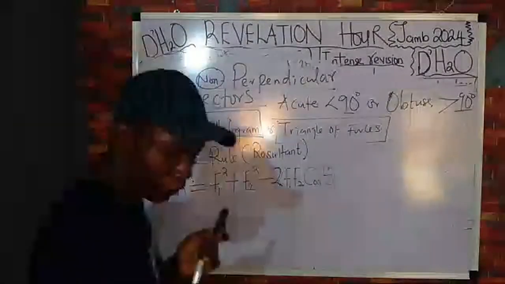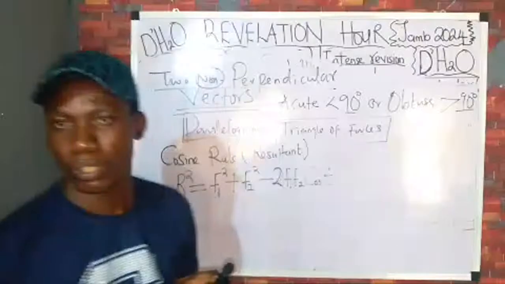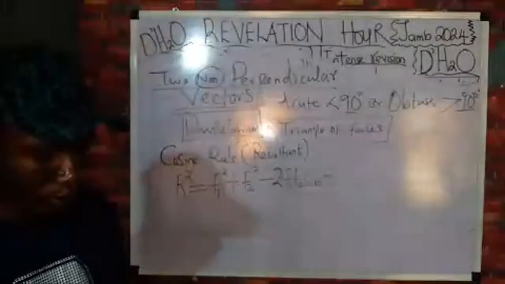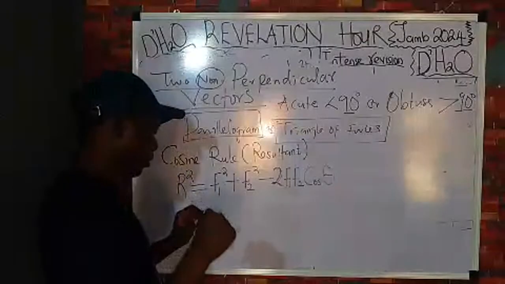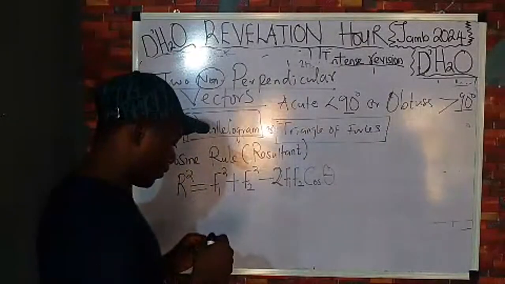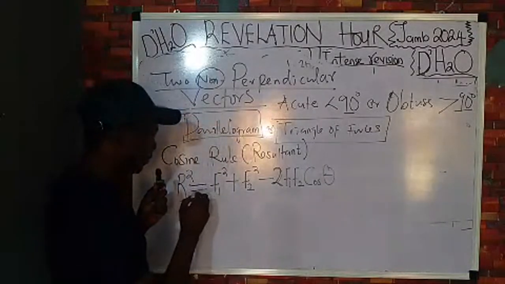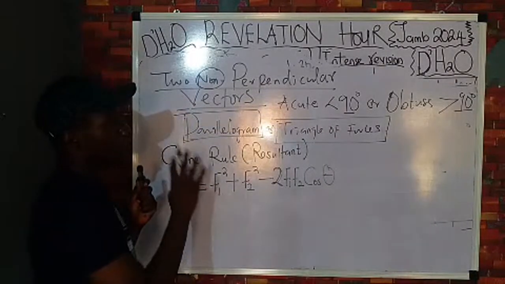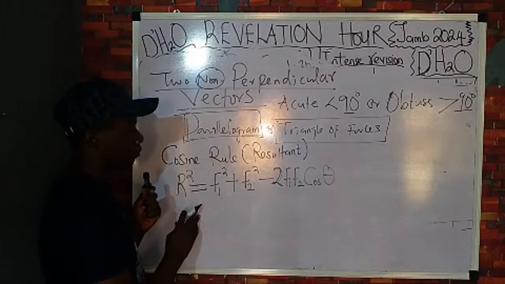Now, when you are looking for the resultants for two non-perpendicular vectors, we use the cosine rule.